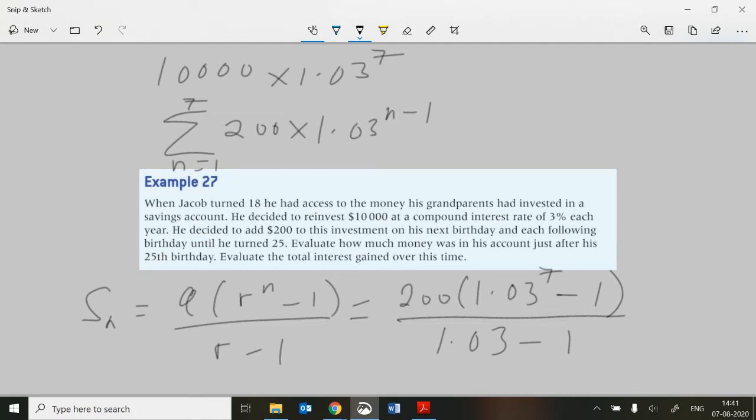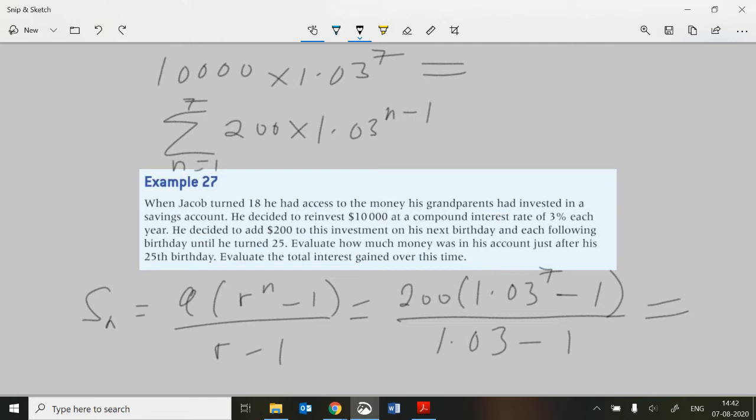Now, once we've got that, that's going to be the total amount of money in the bank from all of the $200, and we'll have the total amount in the bank from all of this thing here, from the $10,000. And then once we get those two answers, we can sum those, and then we can take off all of the money which we put in the first place, because we're only interested in the total interest.